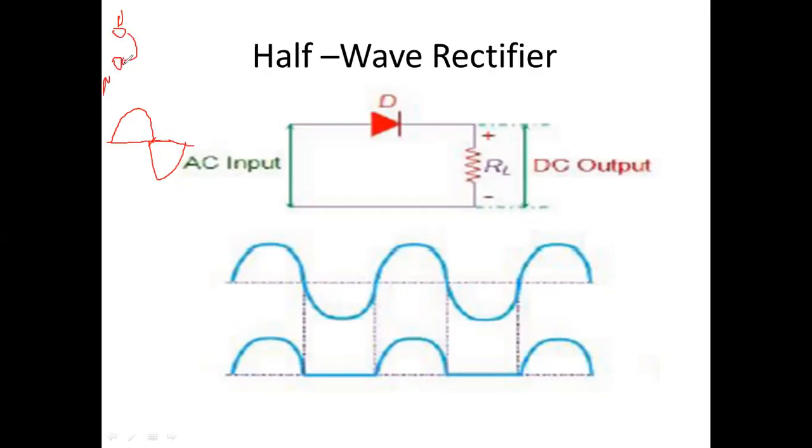For the negative half cycle, the terminals get neutral to phase. For the positive half cycle, the current will flow in this direction. For the negative half cycle, the current will flow in this direction here now.